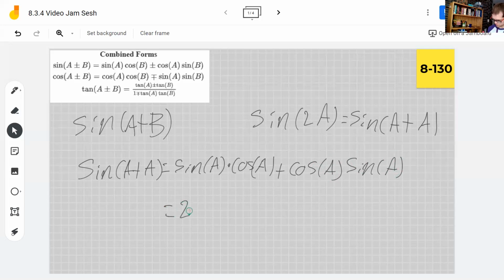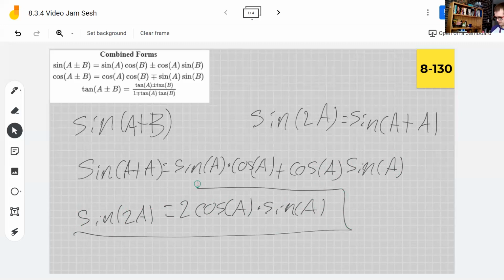So you can write 2 cosine of A sine of A. Boom. That's how we're going to approach it. Sine of 2A equals 2 cosine of A times sine of A. Bam. That's kind of fun. I think that's good times.